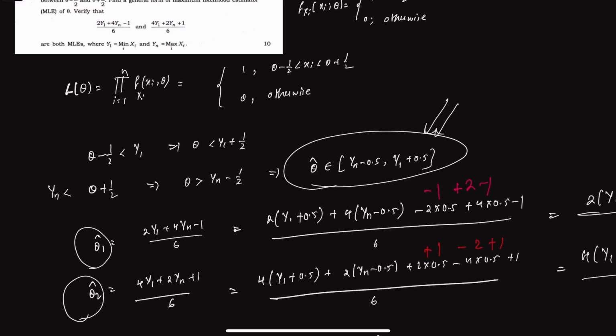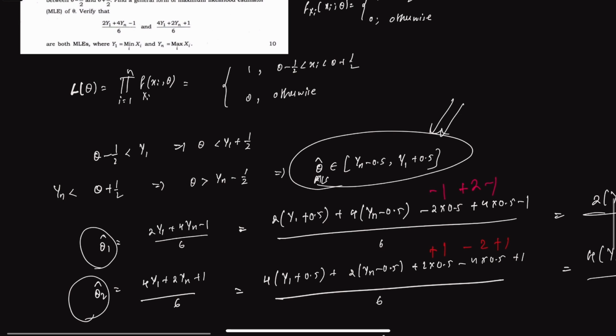Since they are always inside this interval, and we have seen that the MLE of theta is any value between yn minus half and y1 plus half, and theta 1 hat and theta 2 hat are in between yn minus half and y1 plus half, they will also be maximum likelihood estimates.